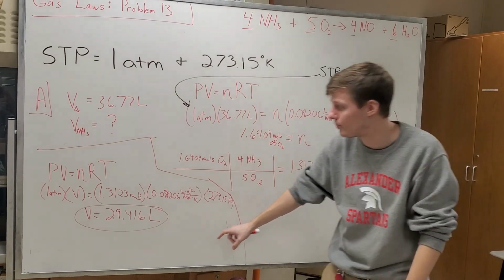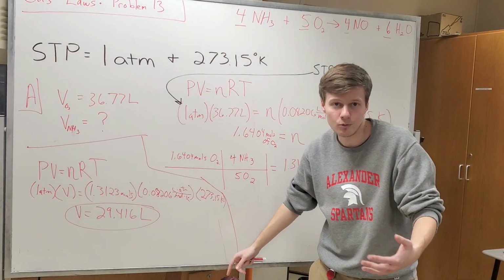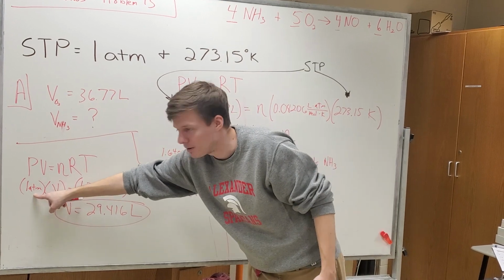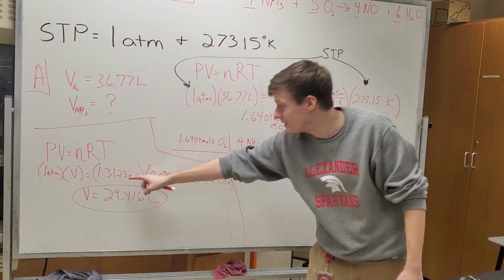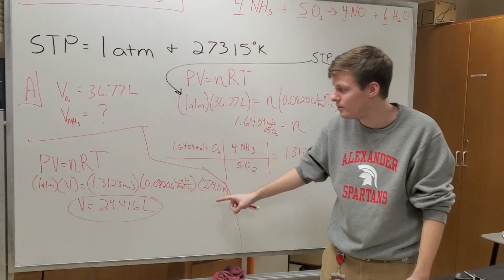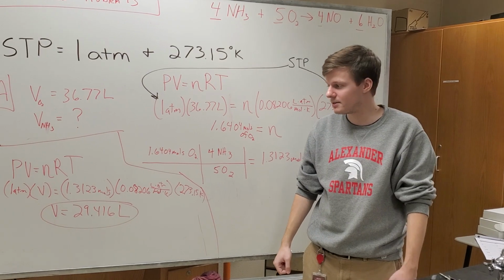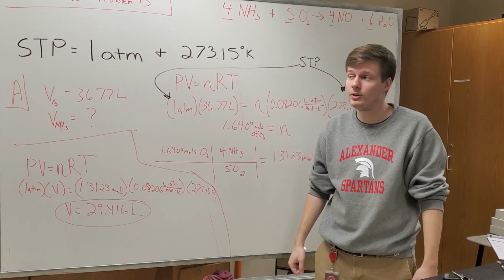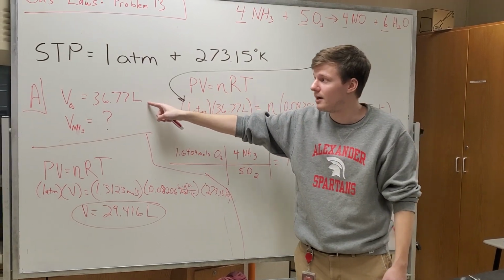So at this point, all you really have to do is multiply these 3 values. Technically, you do divide by 1, but it doesn't really matter because anything divided by 1 is not going to change your answer. So realistically, just multiply these 3 values, and you should get that 29.416 liters of ammonia are needed to react with 36.77 liters of oxygen.